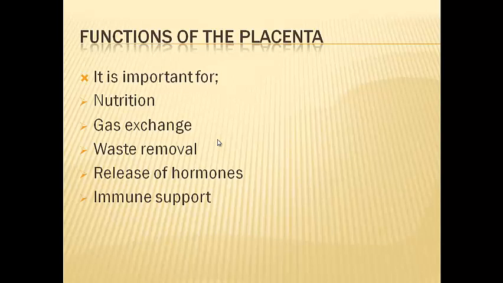But anything that is considered potentially harmful, especially if the mother's blood group is different from the baby's blood group, then the placenta acts as a barrier to prevent any sort of antigenic reaction. And at the same time, it allows certain antibodies to pass from the mother to the fetus, and this helps with the immune system development of the baby.